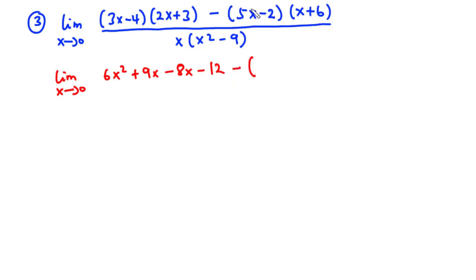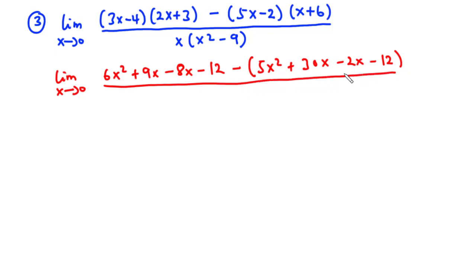Minus, now we have 5x times x, which is 5x squared. We have 5x times 6, which is 30x. We have negative 2 times x, which is negative 2x. And then we have negative 2 times 6, which is negative 12. And then divided by x into bracket x squared minus 9. Now we have the limit as x approaches 0.